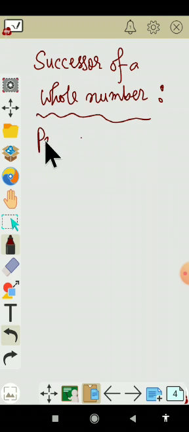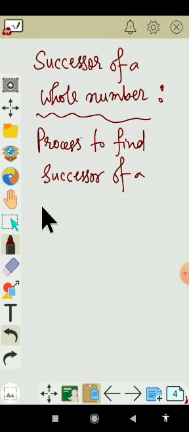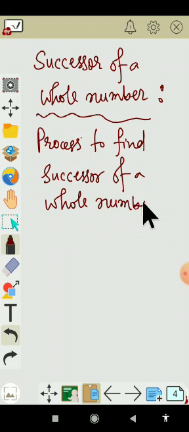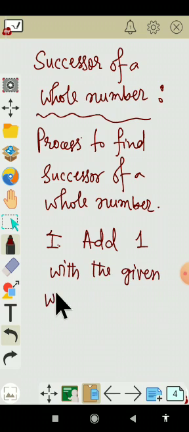So the process to find the successor of a whole number: first we have to add 1 to the given whole number.